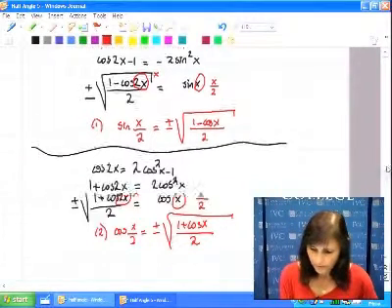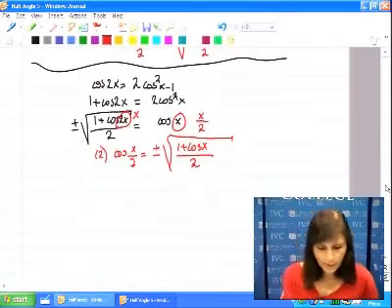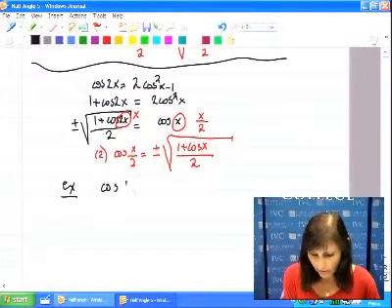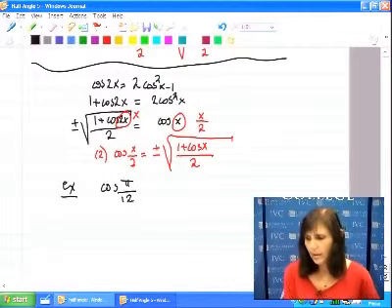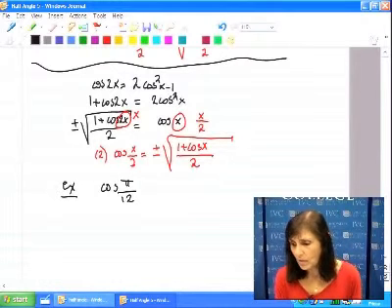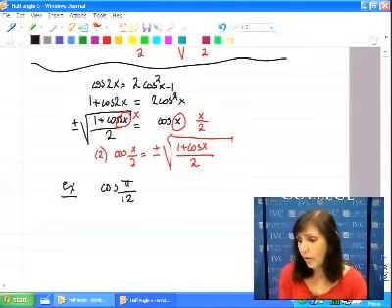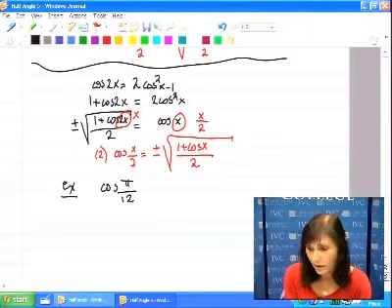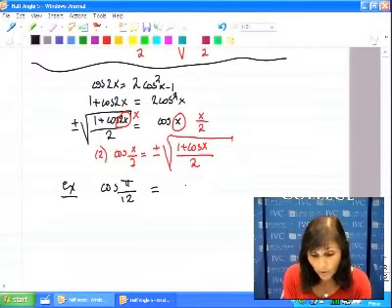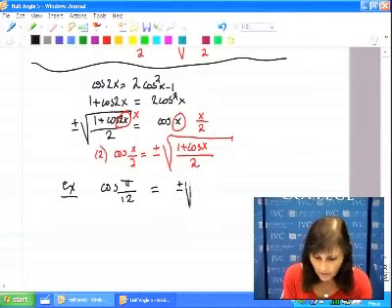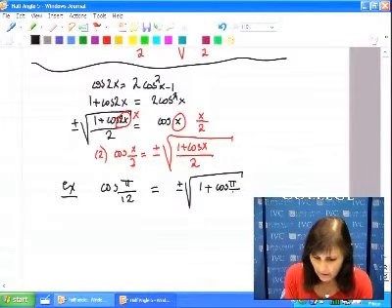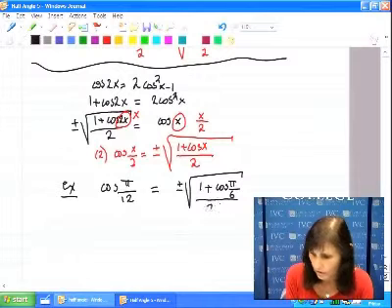Now let's do an example. Let's say I'm asked to find cosine of pi over 12. Well, I know cosine of pi over 6. That's one of my favorite ones. So I just have to pick pi over 6 and write this. Cosine pi over 12 is, from the formula, plus or minus the square root of 1 plus cosine pi over 6 over 2.